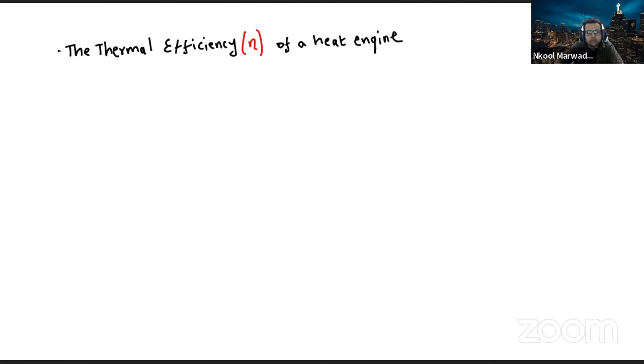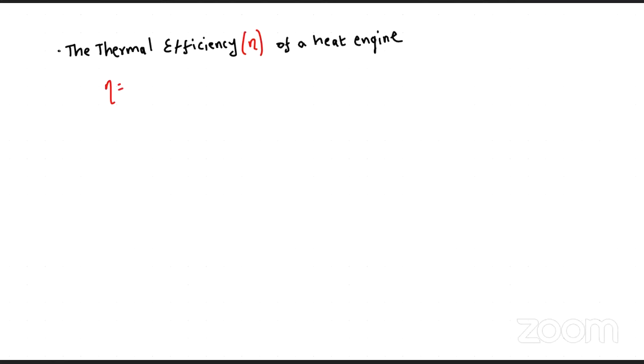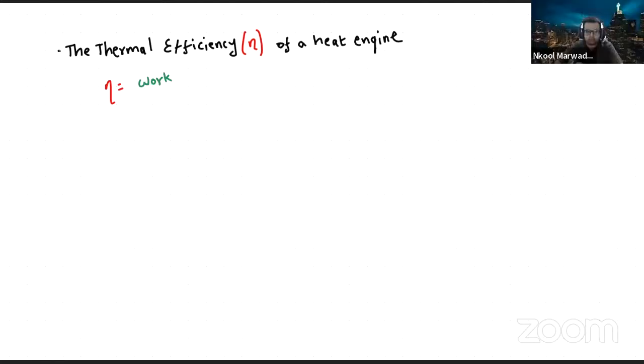The formula is something like this. Thermal efficiency is equal to work performed. Work performed is the output. Because what is efficiency? Efficiency is output upon input. So the output is work, and input is the heat energy.